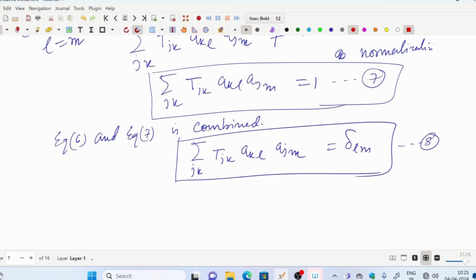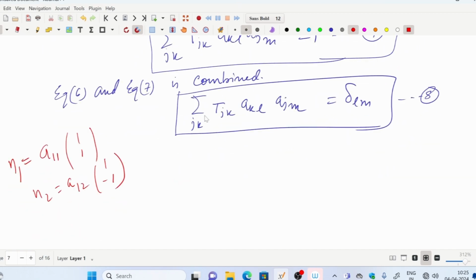See the vectors A11 and A21. Remember, our eta 1 was A11 times (1, 1) and eta 2, at the beginning we derived, is (1, minus 1). Okay. And in this coupled pendulum case, you have that T matrix.